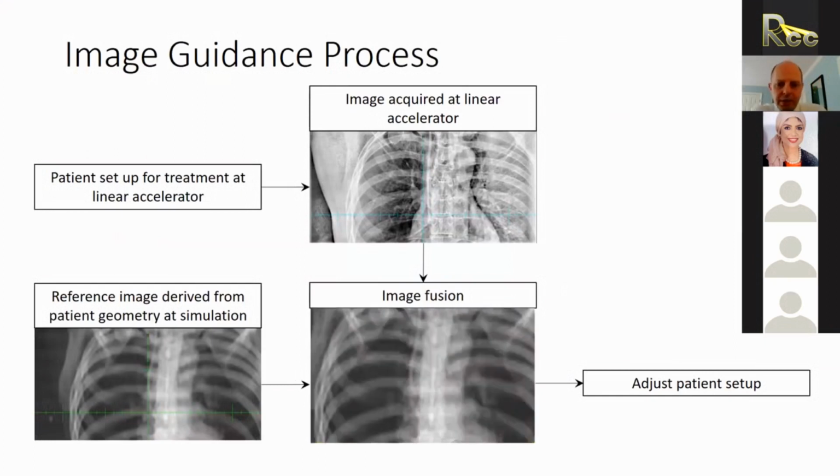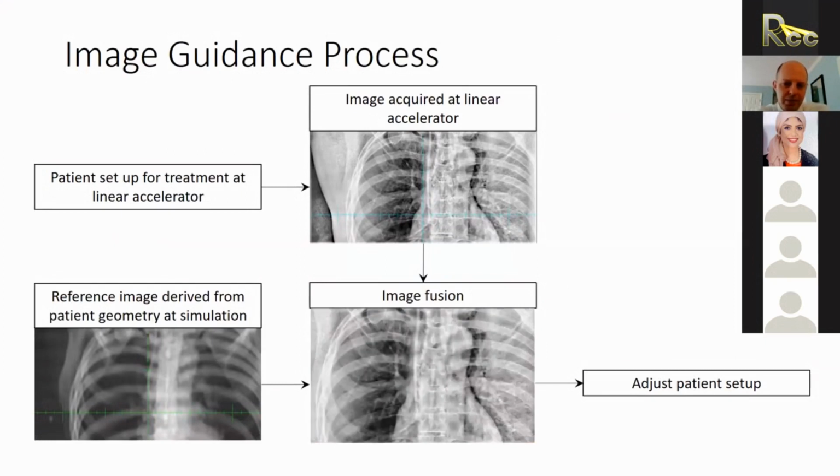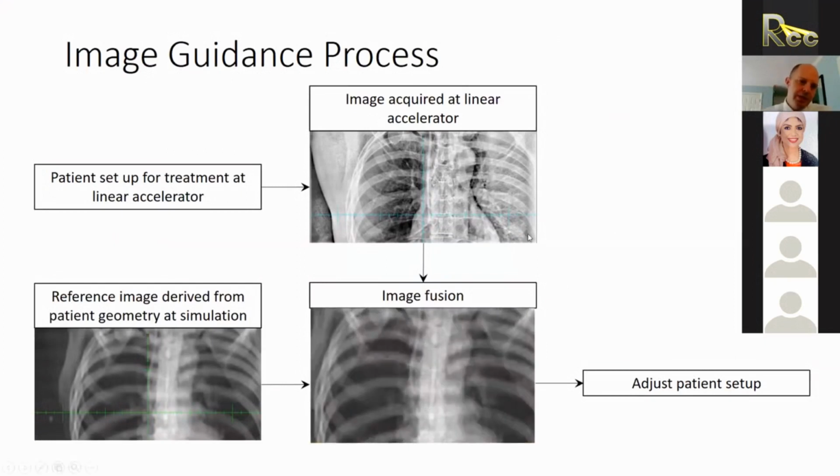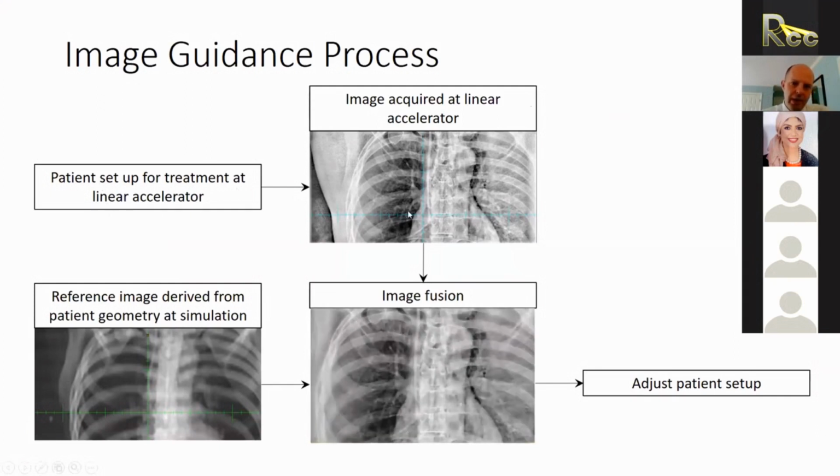All right, so the image guidance process typically takes some type of form like this. The patient is set up for treatment at the linear accelerator. An image is acquired at the linear accelerator. There's a reference image that's derived from the patient geometry at simulation.